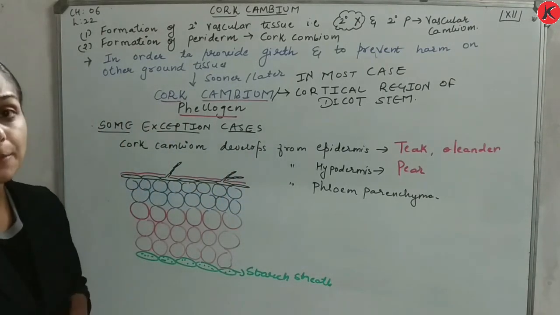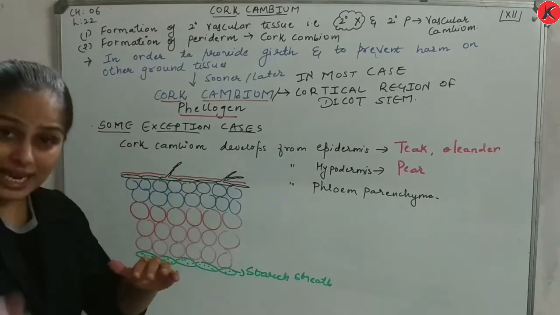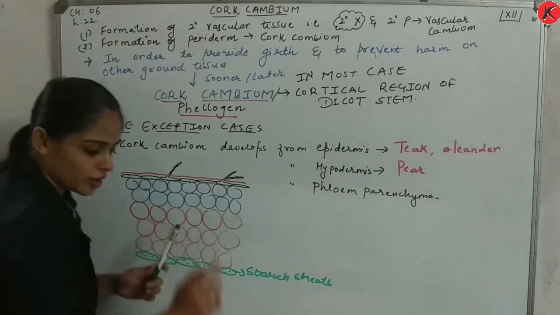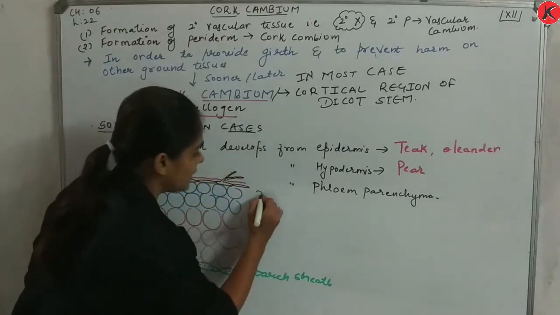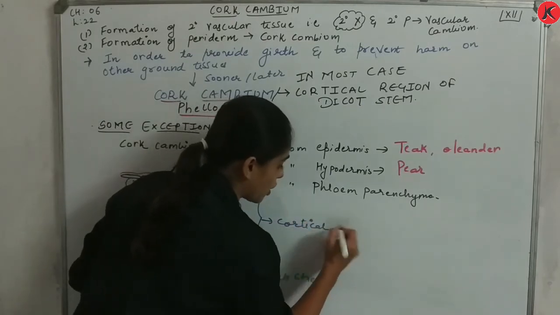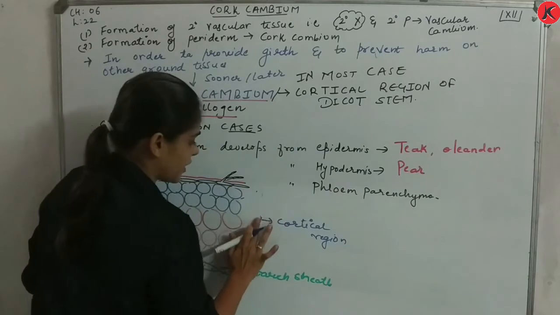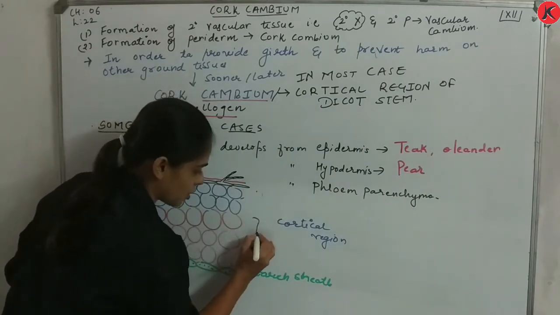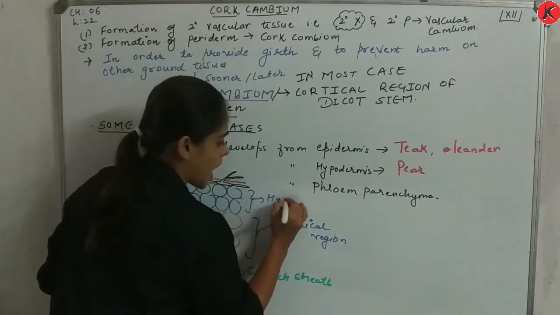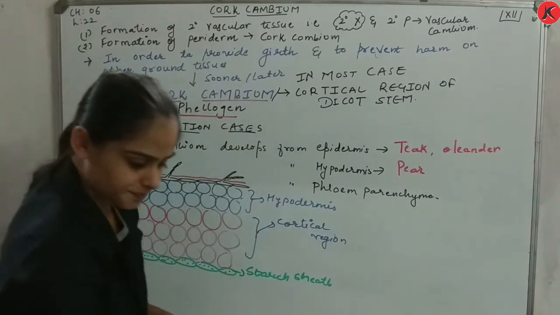अब जैसे कि मैंने आपको बोला, at the time of your secondary growth, okay, let me label it. ये जो है वो कौन सा region है? This is your cortical region. Yes or no? To be more specific, this is your general cortex and this is your hypodermis. आपको ये अच्छे से पता है.